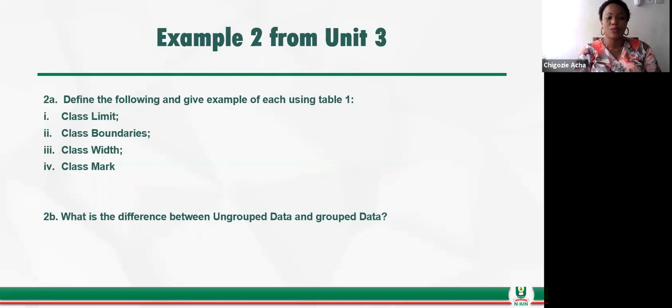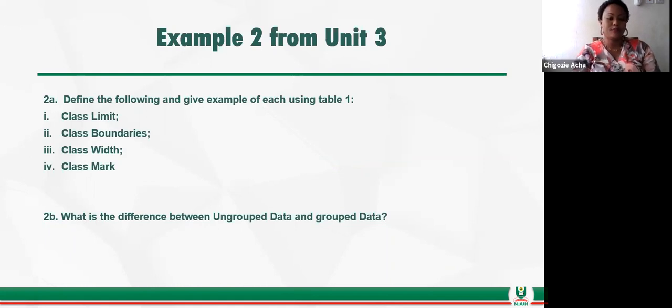Also in unit 2, we expect you to know the following: how to define class limits, class boundary, class width, and class mark. Can anybody try question 2A and 2B? Is there anybody that can help us explain what is class limit, class boundary, class width, or class mark?